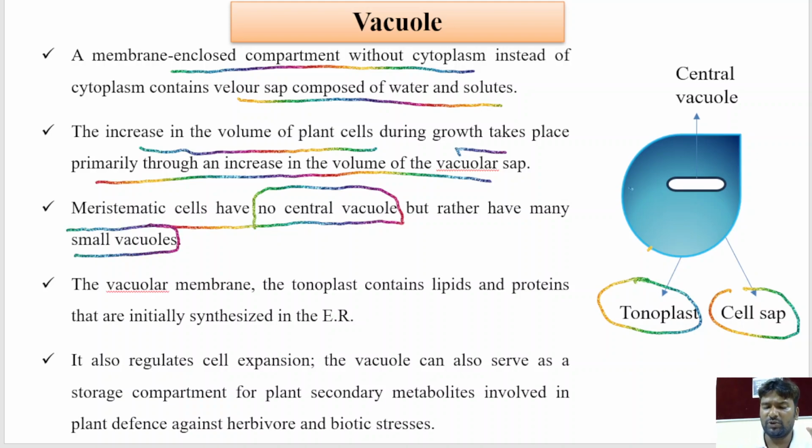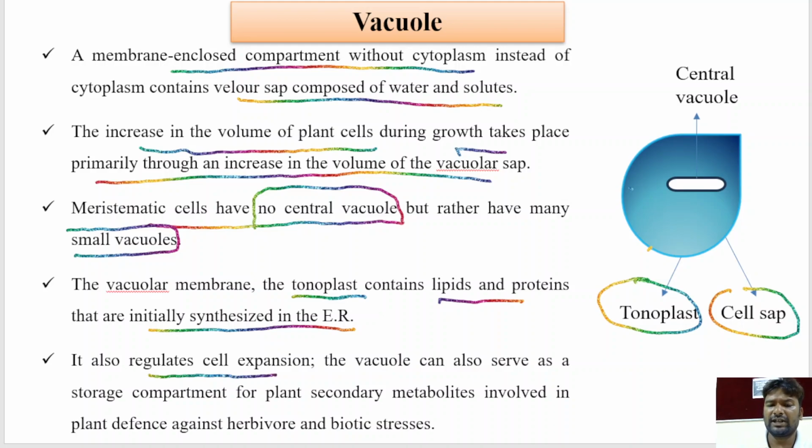So mature cells have big vacuoles. And the vacuolar membrane, called the tonoplast, contains lipids and proteins and is initially synthesized in the endoplasmic reticulum. It also regulates cell expansion.